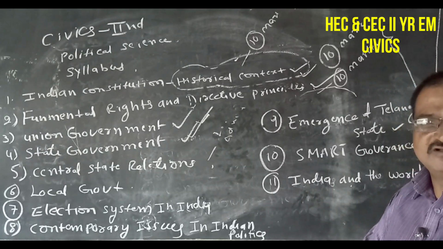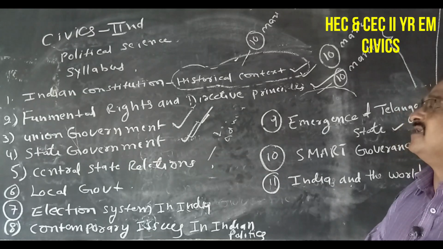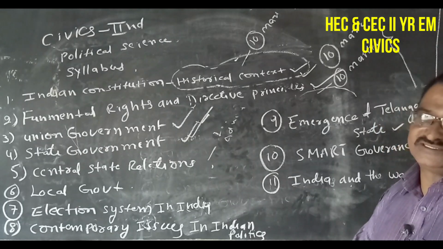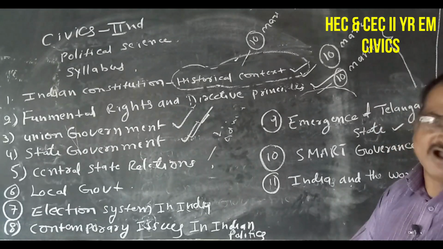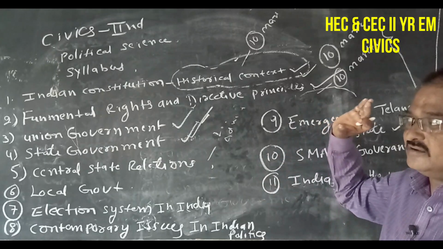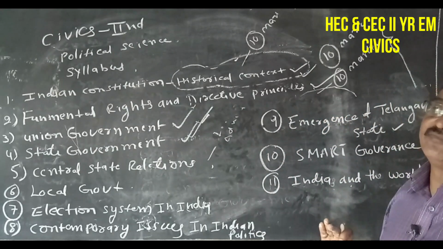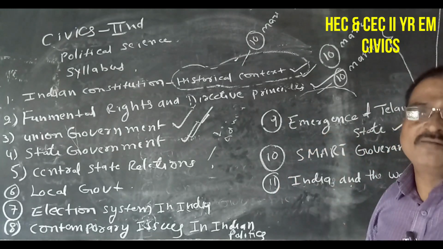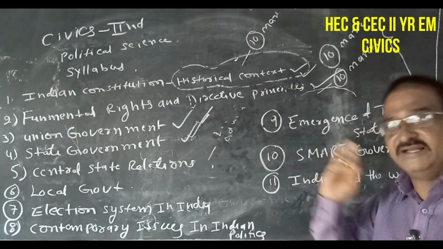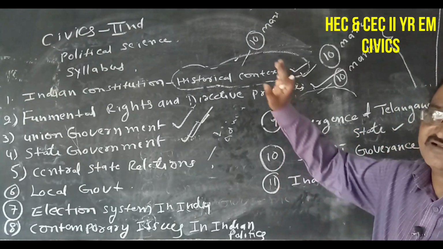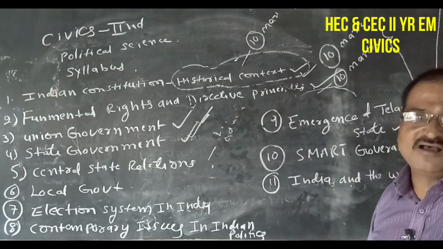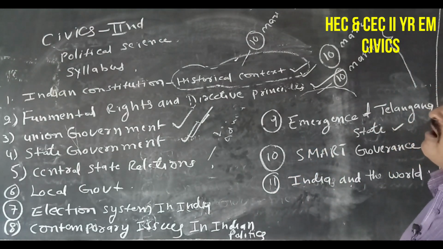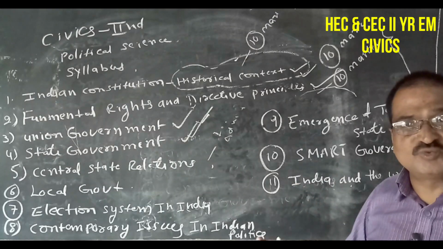It means the central executives like the President of India and the Vice President of India, the Prime Minister of India and the Ministers of India, the structure of Indian Parliament, like the composition of Lok Sabha and the composition of Rajya Sabha, and also the Supreme Court of India.